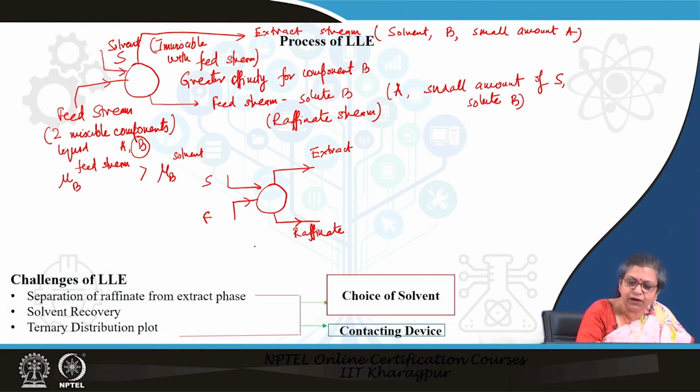So, what do we do after this? We have got two streams. Both these streams are sent separately to a solvent recovery unit. The extract is sent to a solvent recovery unit, and the raffinate is sent to a solvent recovery unit.